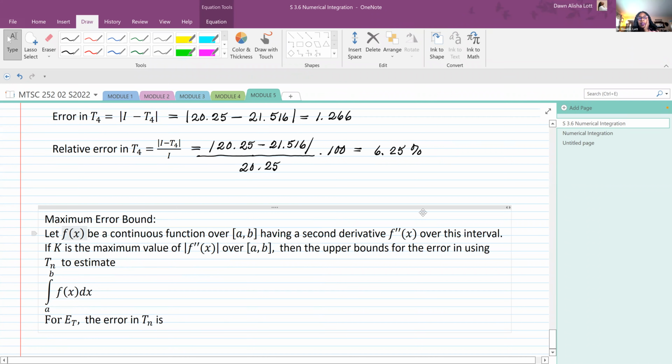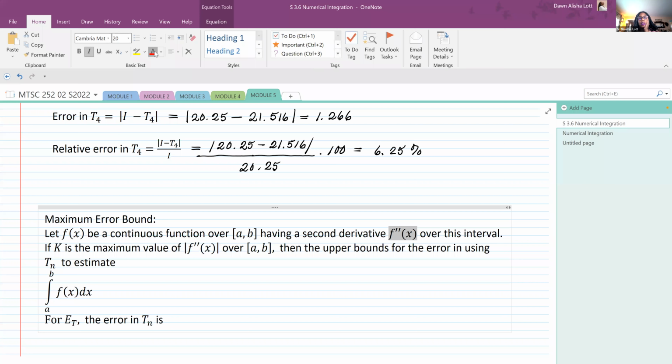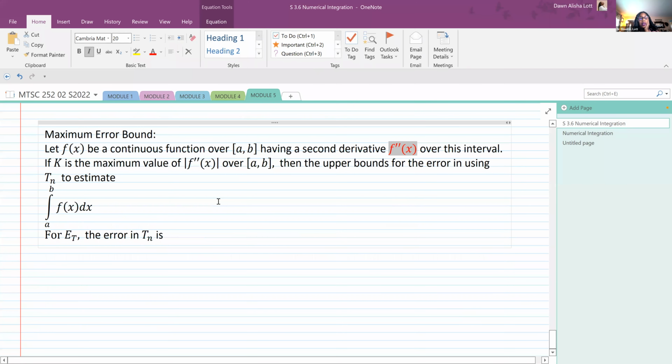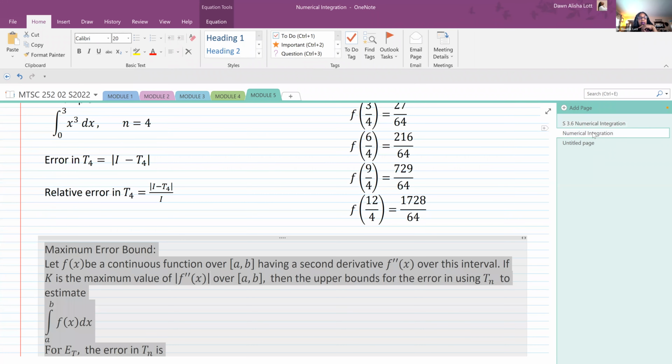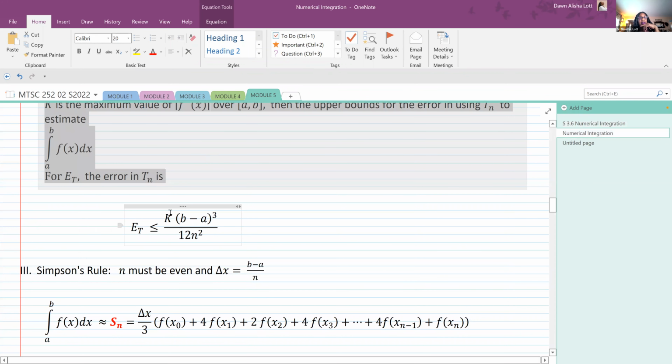But notice, again, we're looking at the second derivative. So we're trying to estimate this based on the second derivative over this interval. And so the error ET, that's error in trapezoidal rule. So there's EM, ET, and ES.